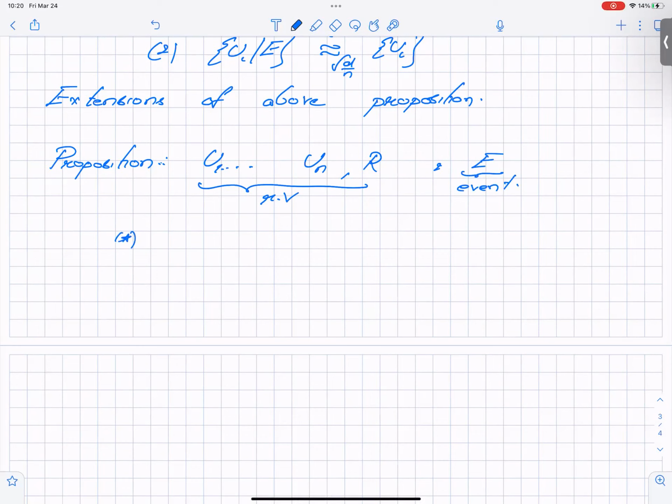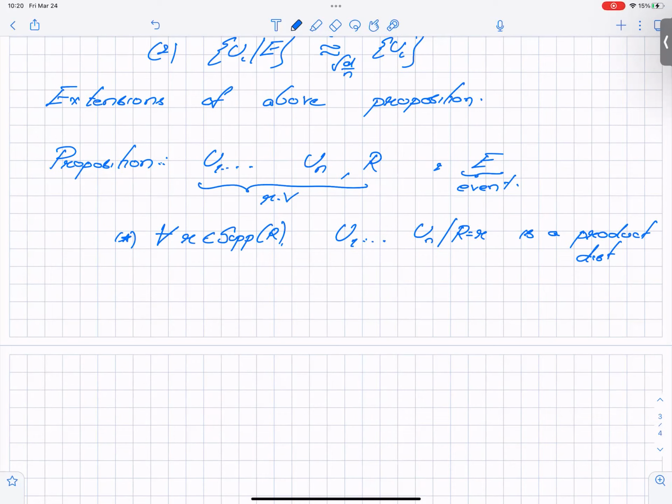And we had the following: for all r in the support of R, we had that U1, U2, ..., UN conditioned on R equals r is a product distribution. So I don't care whether it was a product before, but after conditioning, that's the situation we are in. So after conditioning, it becomes a product distribution.